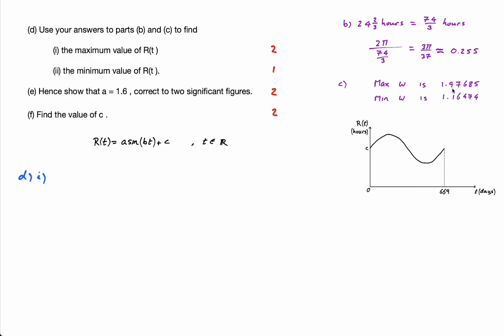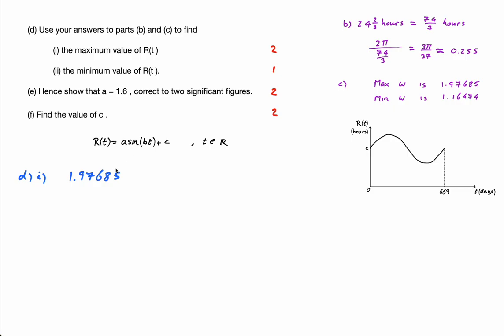The maximum value it can spin in that time is 1.97685 radians. That's the maximum amount it can spin from the start of the day until sunrise.